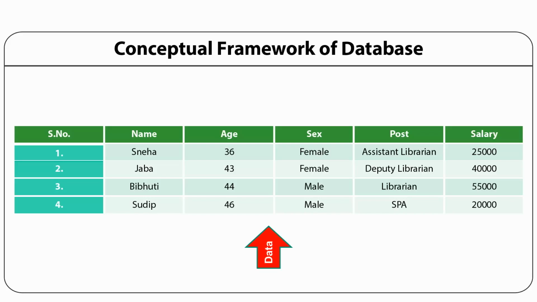Basically, the rows represent the records and the columns represent the fields of a record. In this slide, you can see there are 4 records and 6 fields. The fields are serial number, name, age, sex, post, and salary.